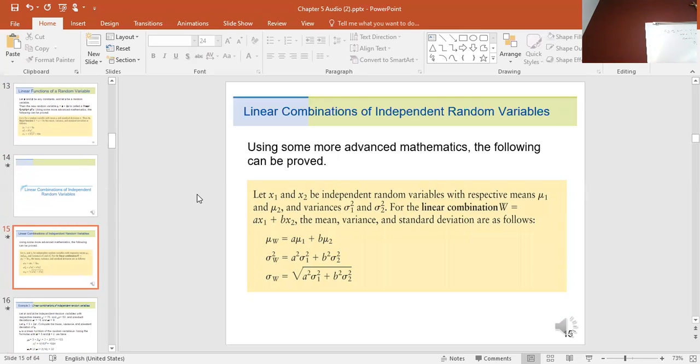Let x and y be two independent random variables with mean of x equals 3, standard deviation of x equals 2, mean of y equals 4, standard deviation of y equals 3.